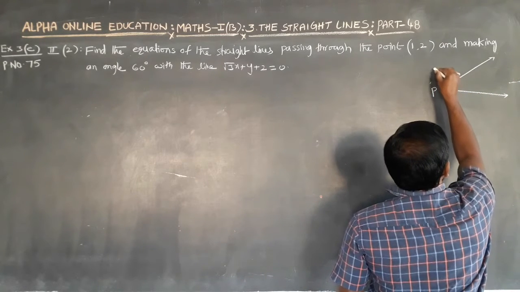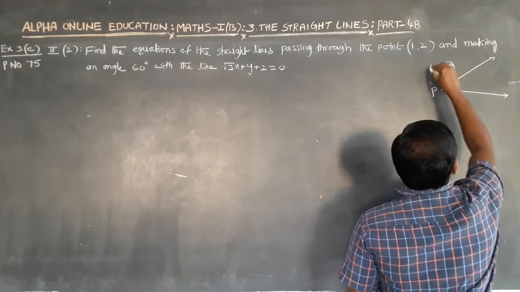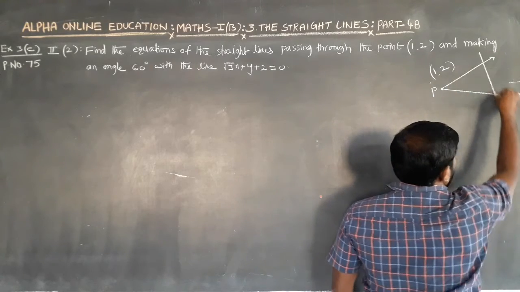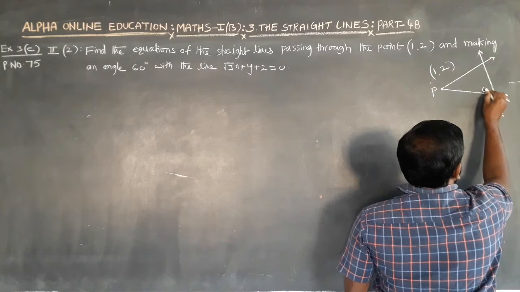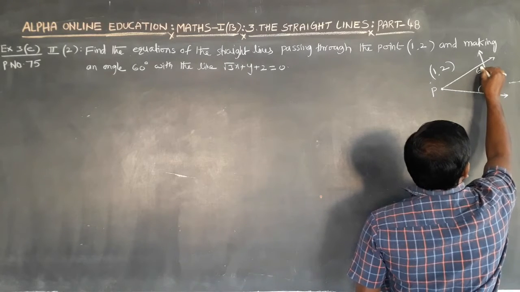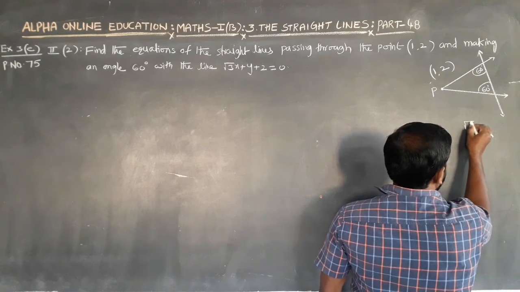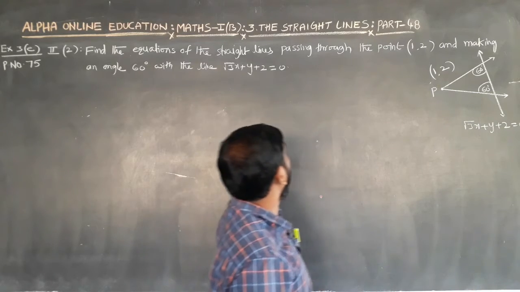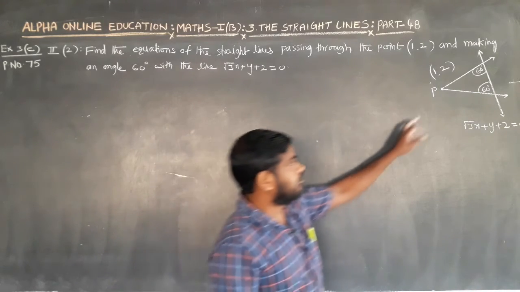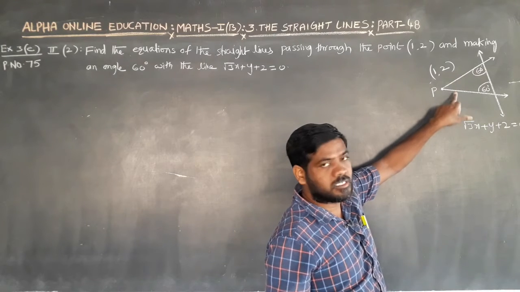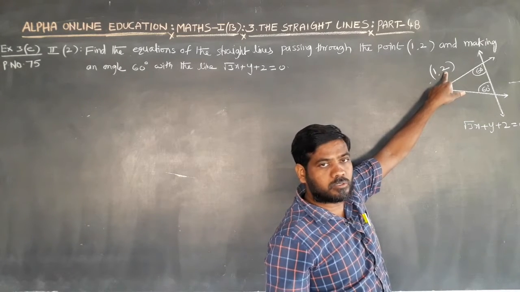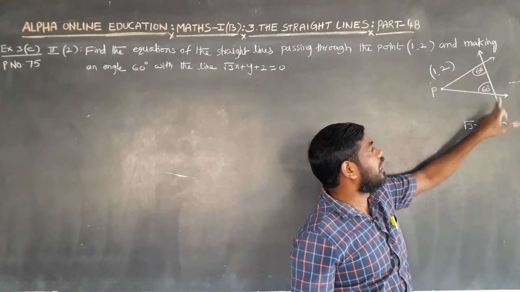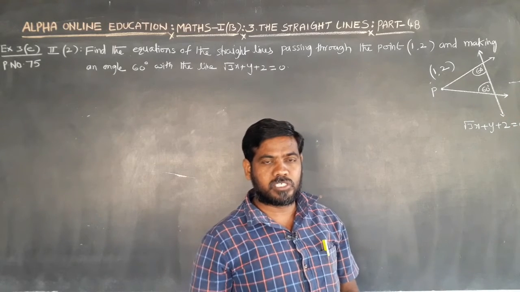Find the equation of the straight lines passing through the point (1, 2) and making an angle 60 degrees with the line √3x + y + 2 = 0.